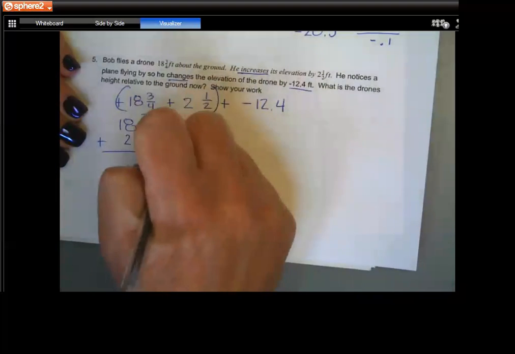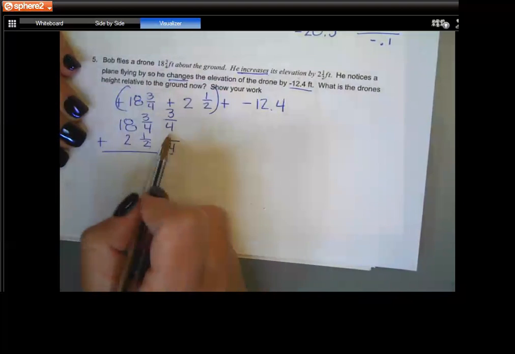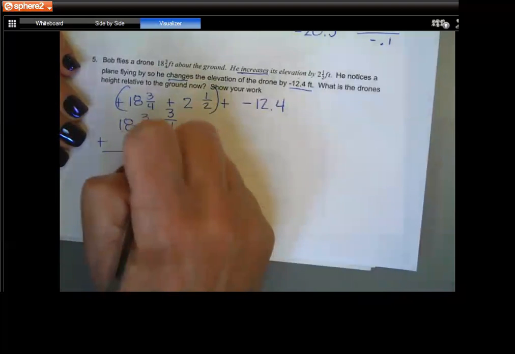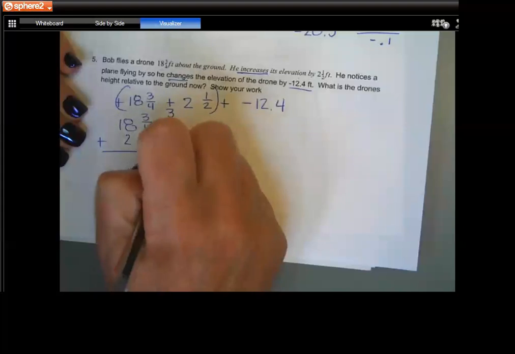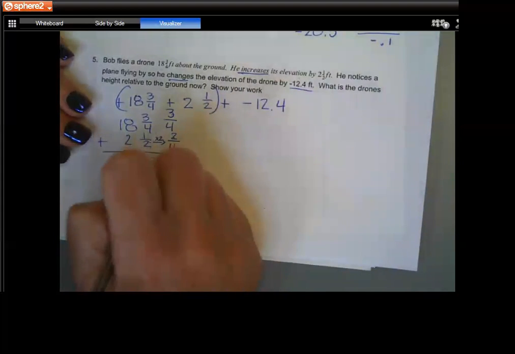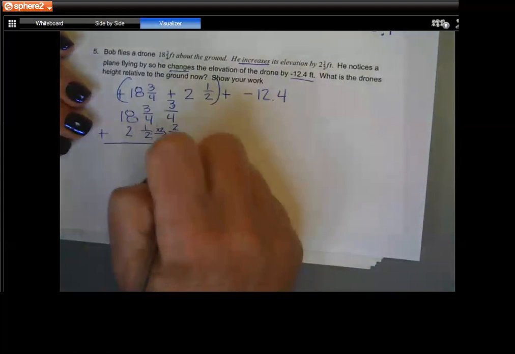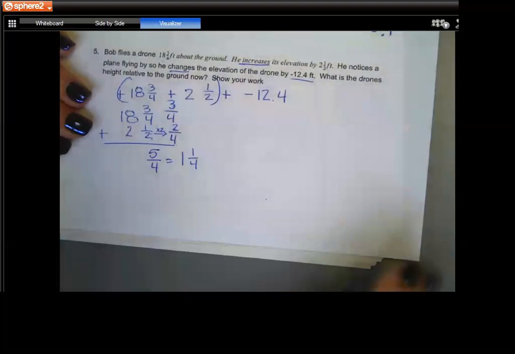So my denominator is going to change to 4. This stays the same. 2 times 2 is 4, so this changes to 2/4. So 3 plus 2 is 5, and my denominator stays the same. 5/4 is actually 1 and 1/4.